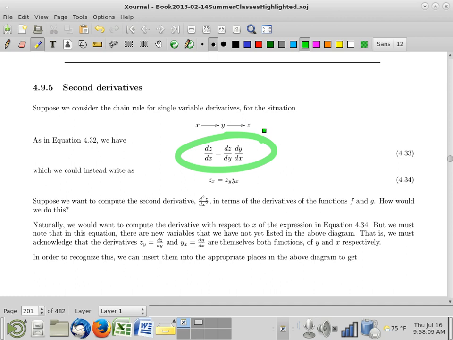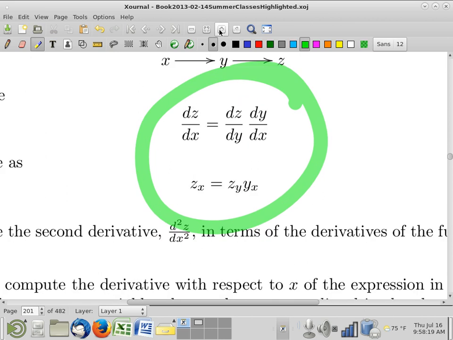Okay. So now you'll notice here I'm rewriting the chain rule using this subscript notation. And we talked about this a few sections back, that the partial of y with respect to x, I can rewrite as y sub x. Remember this notation? And likewise, the partial of z with respect to y.